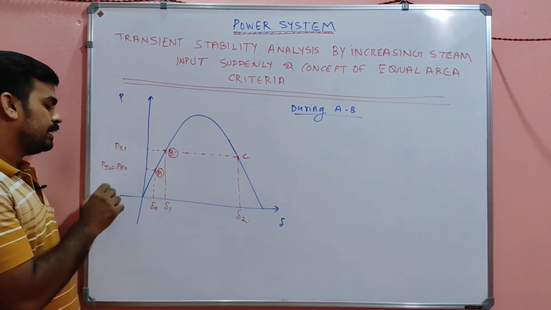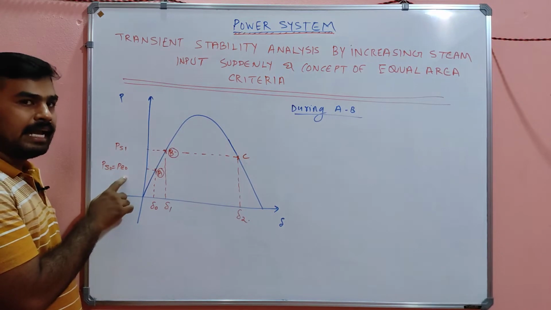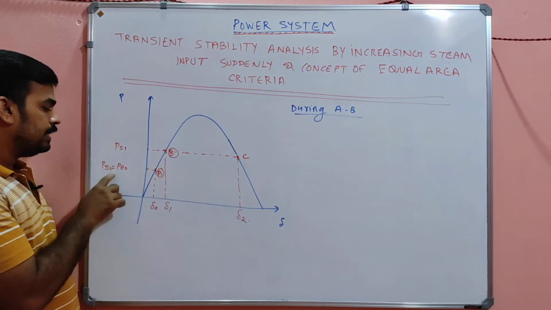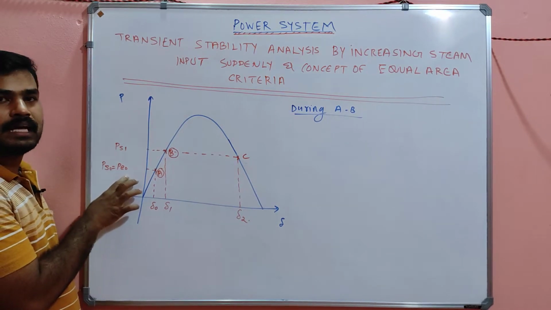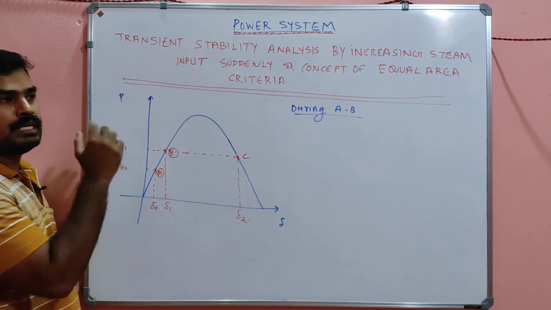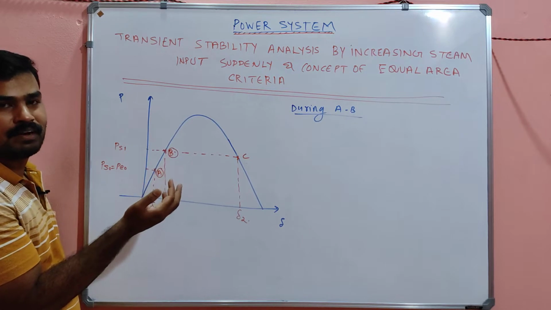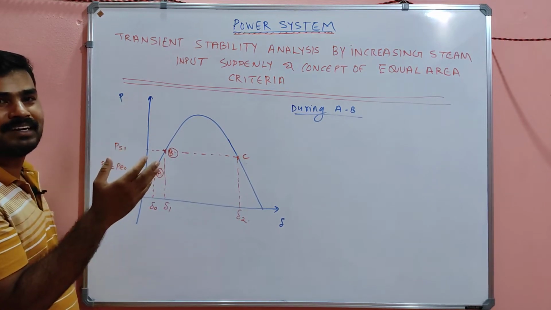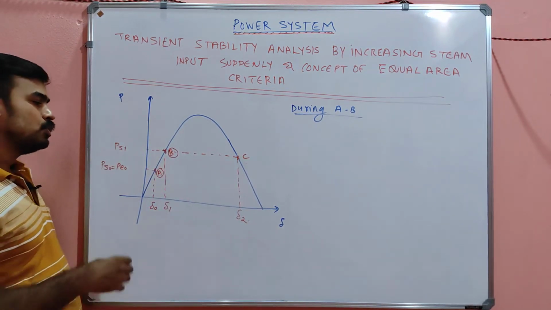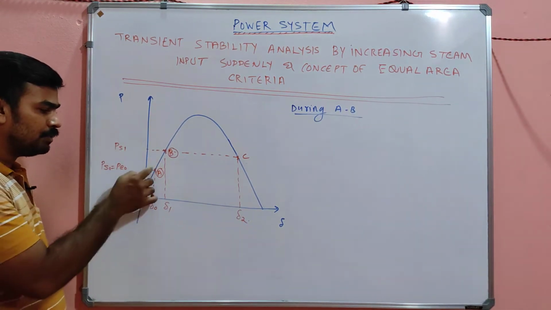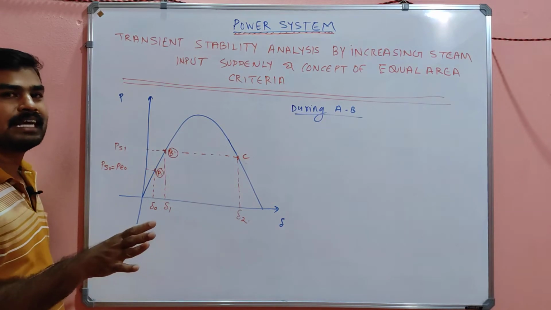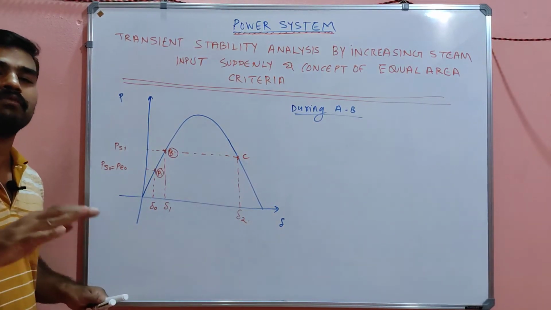At point A there will not be any accelerating power, because PM minus P is the accelerating power: M d square delta by dt square equals PM minus P. Up to point A there is no accelerating power. The machine is running very smoothly.